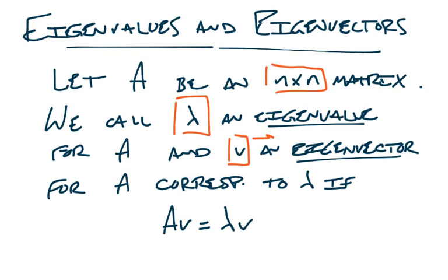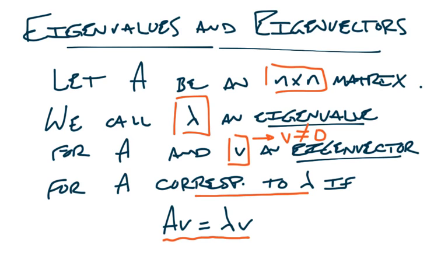And here I just want to be very clear that eigenvectors cannot be 0. Alright? So we call V, which is non-zero, an eigenvector for A corresponding to the eigenvalue lambda if it satisfies this equation. AV is equal to lambda V.